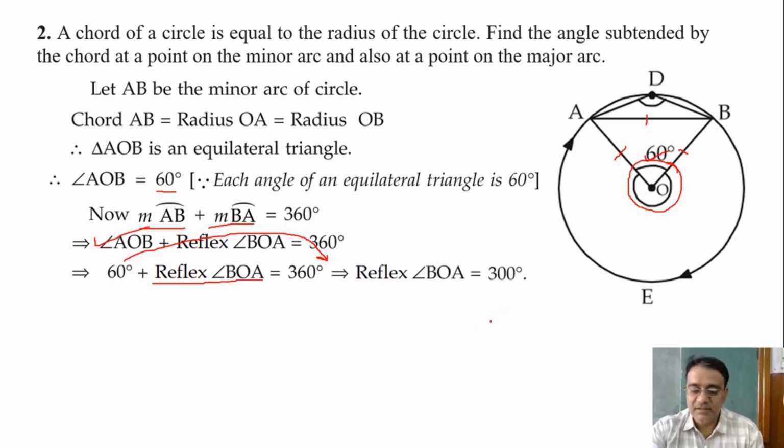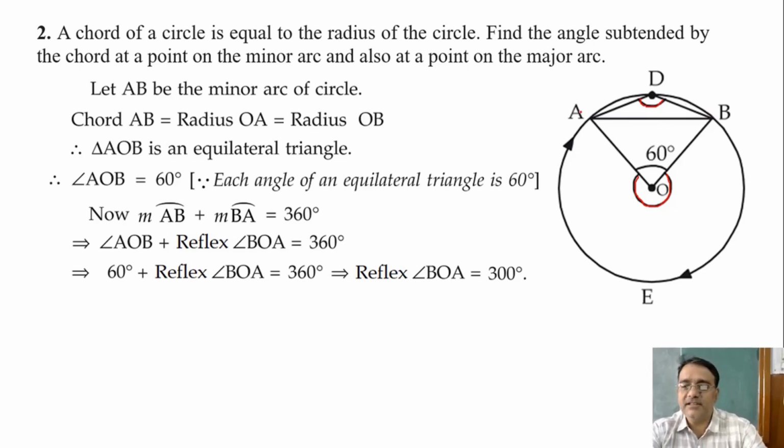Now this reflex angle is double of this angle, angle ADB, or angle BDA. Why is this angle double of this angle? Angle subtended by an arc at the center is double, or twice, the angle subtended by it at any point on the remaining part of the circle.